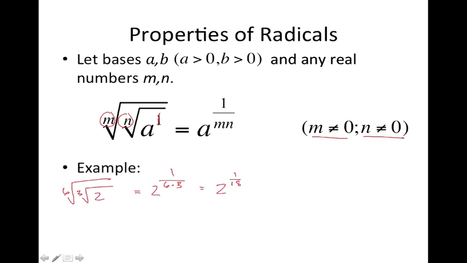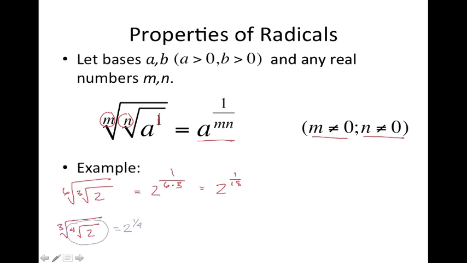We can also see that this is true instead of just jumping straight to a form like that. If I have the 3rd root of the 4th root of 2, well, if I look at this inside radical first, that's the same thing as saying 2 to the 1 over 4, right?